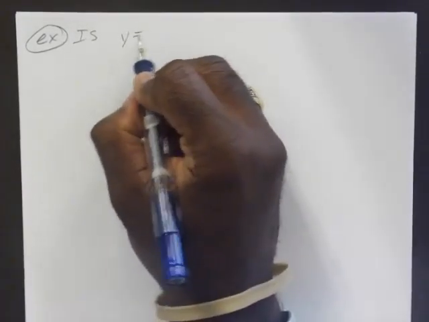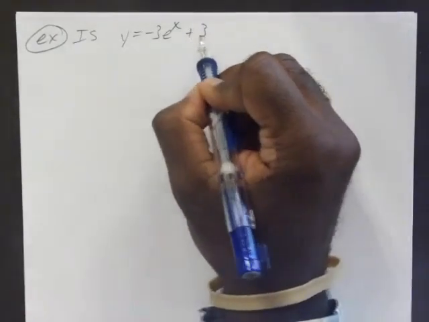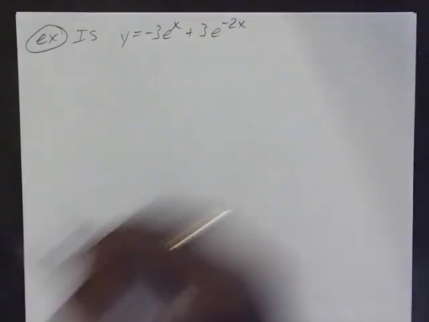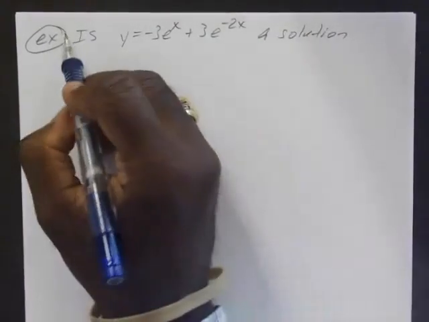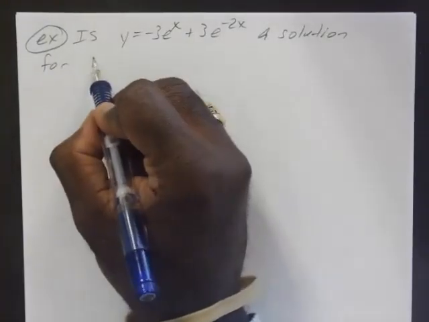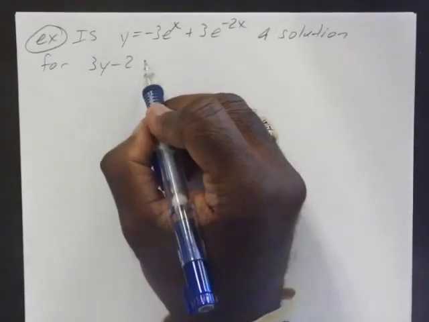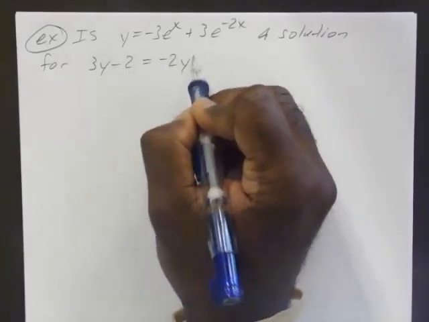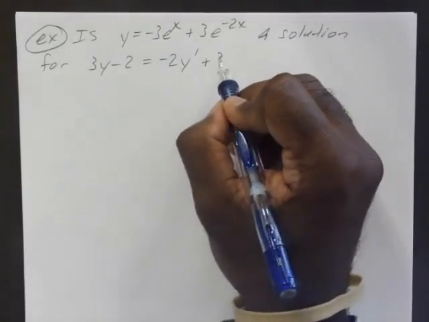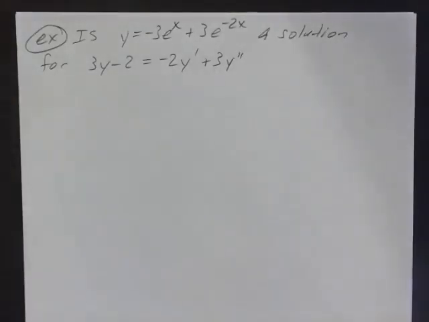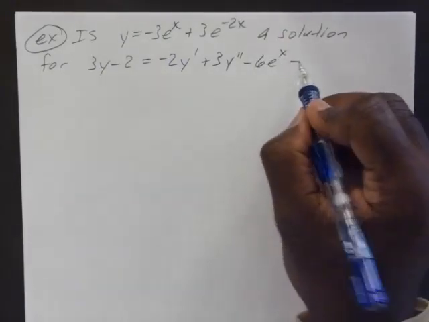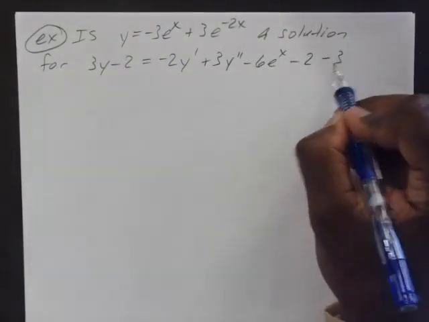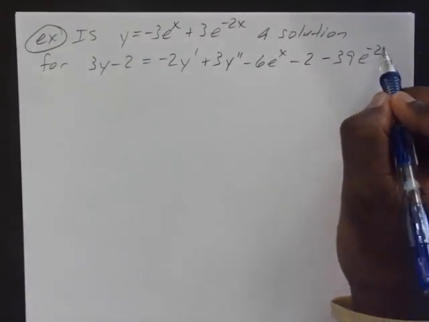We want to know is y equal to -3 e to the power of x plus 3 e to the power of -2x a solution for 3y minus 2 equal to -2 times y prime plus 3 times the second derivative of y minus 6 times e to the power of x minus 2 minus 39 e to the power of -2x.